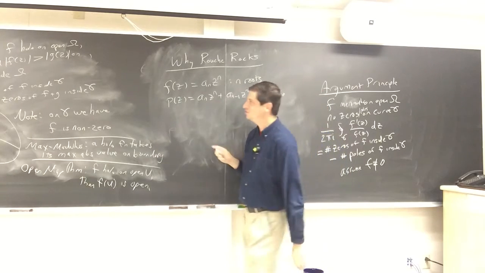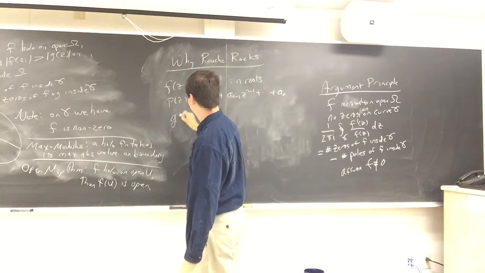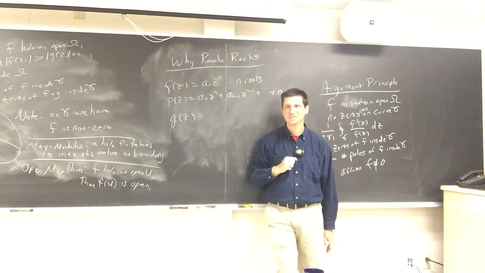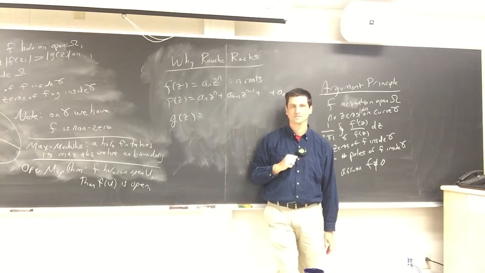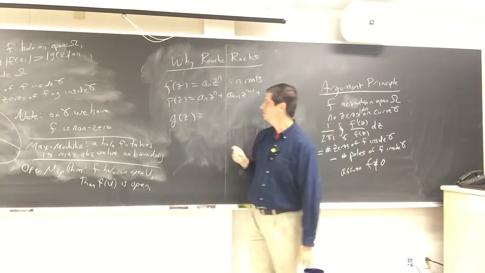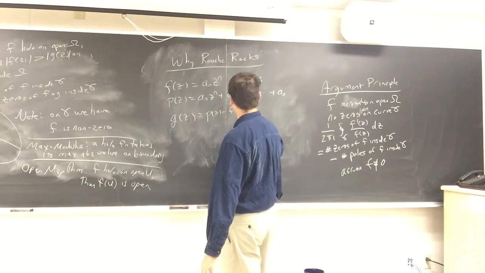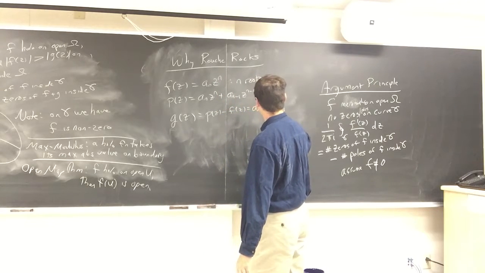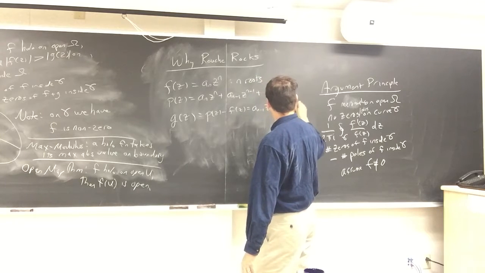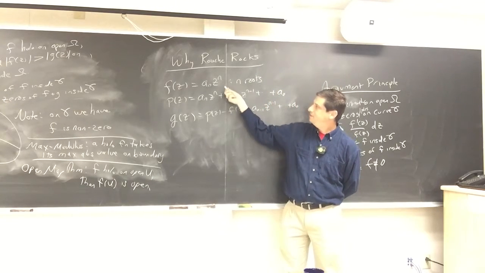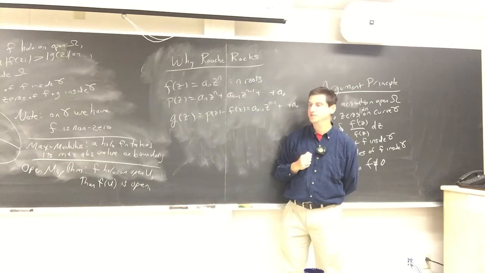Anybody want to give me a guess for what g of z should be? Yeah. p of z minus f of z, which is a_{n-1} z to the n minus 1 plus ... plus a_0. If z is sufficiently large, will f of z be greater than g of z in absolute value?